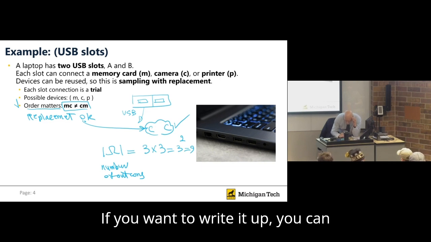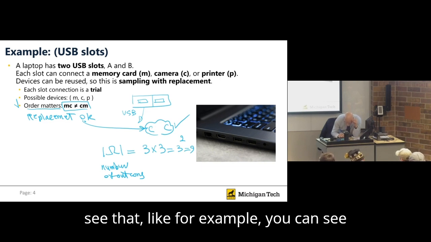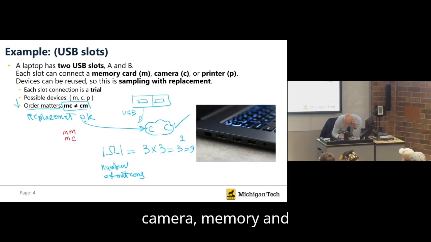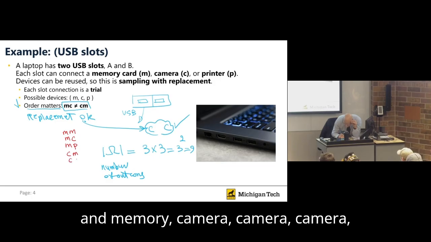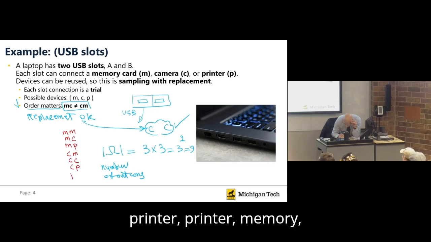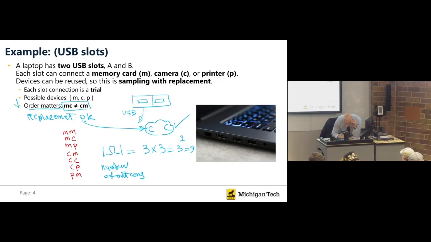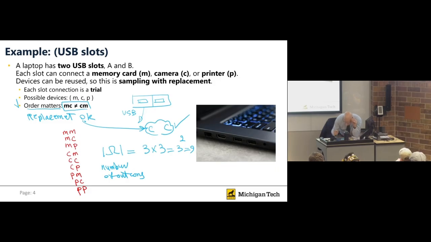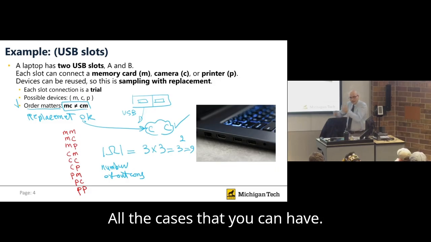If you want to write it up, you can see that, for example, you can do memory and memory, memory and camera, memory and printer, camera and memory, camera and camera, camera and printer, printer and memory, printer and camera, and printer and printer. All the cases that you can have.